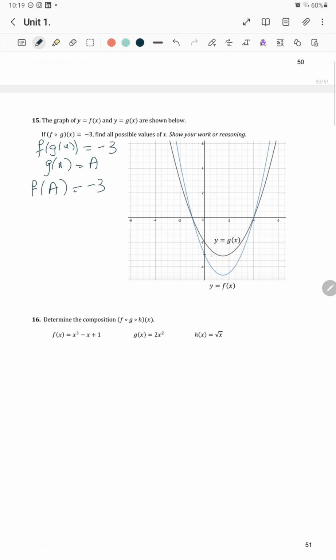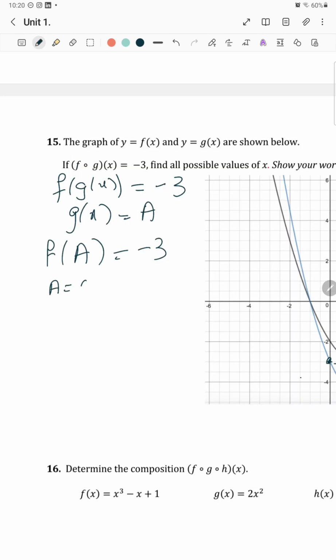Minus 3 at 0, and 2, 3, 4. So a will be 0 and minus 3.